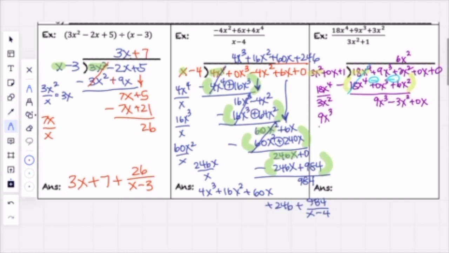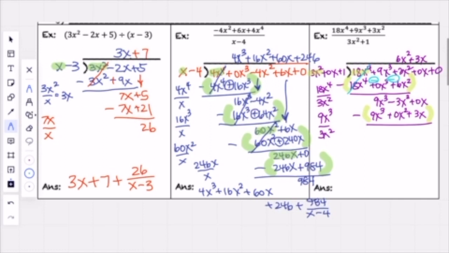9x cubed divided by 3x squared is going to give you a plus 3x. Okay, multiply that through. 3x times 1 is 3x. 3x times 0x is going to be 0x squared. And 3x times 3x squared is going to be 9x cubed. I'm going to subtract the whole thing, which means I'm going to need to change some signs.